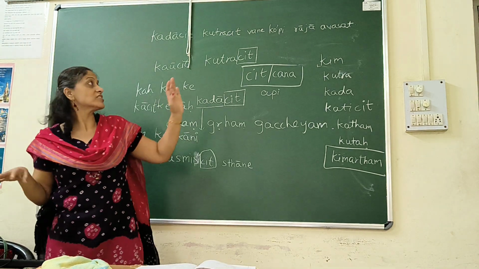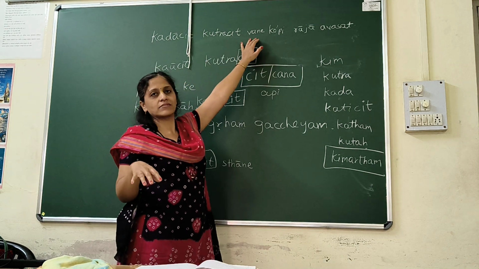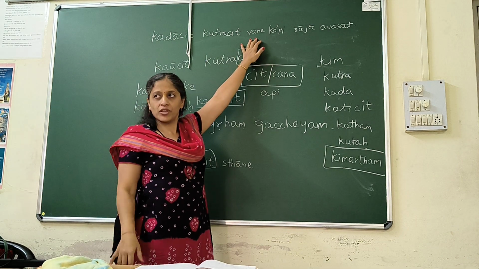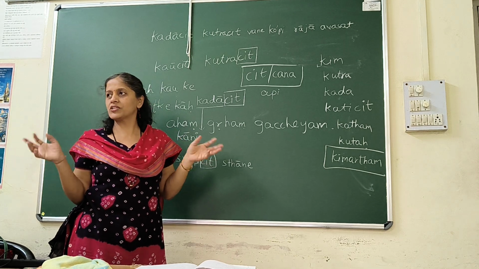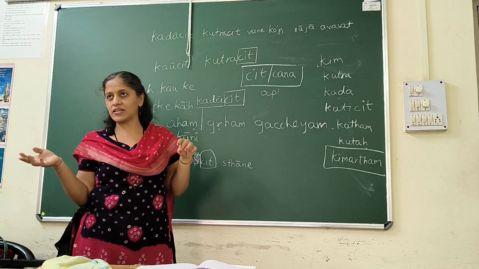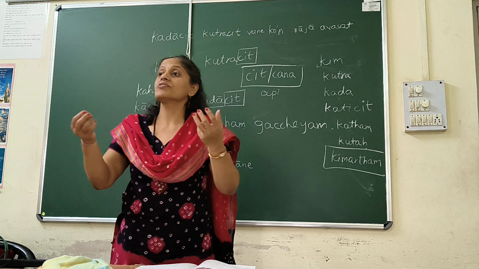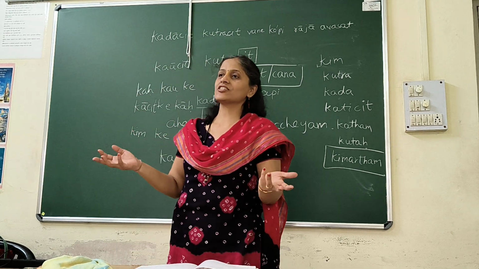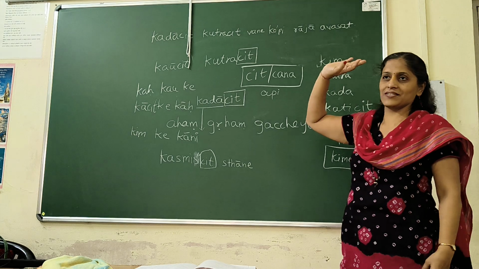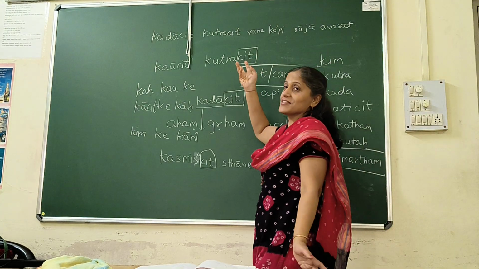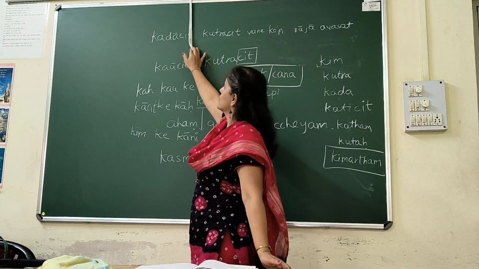I don't know. So kasmin kutrachit vane. I am sure that he was in a forest, but I don't know which forest. I am not sure about the name of the forest. I don't even know the name of the king. Which king? I don't know. So I am using kopi raja avasat. How to translate it in English? Very difficult.